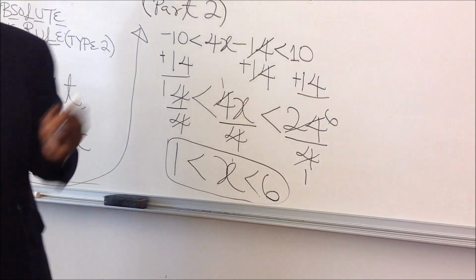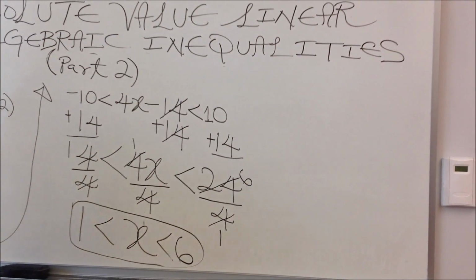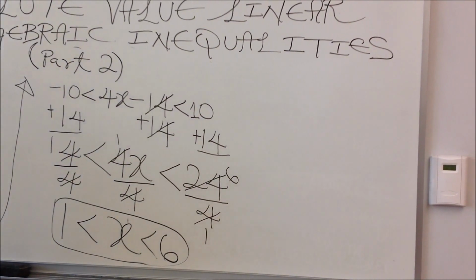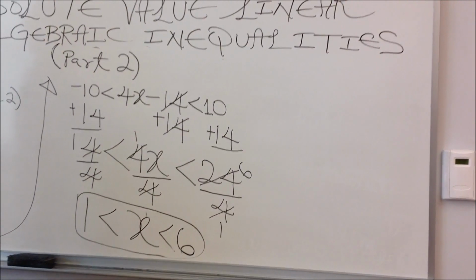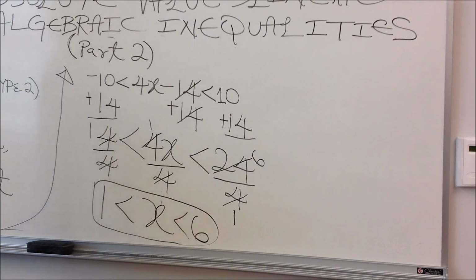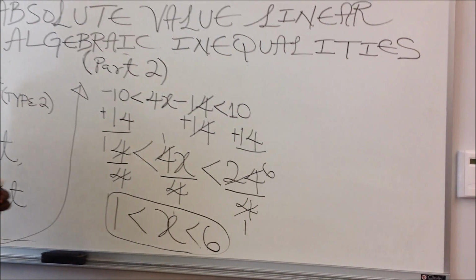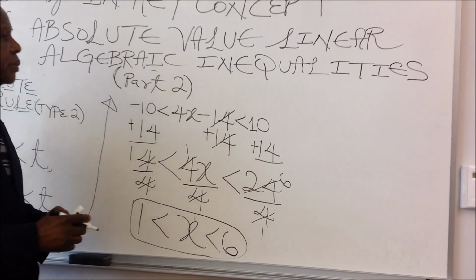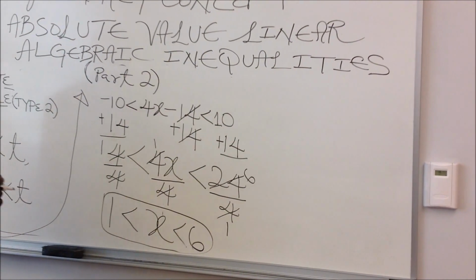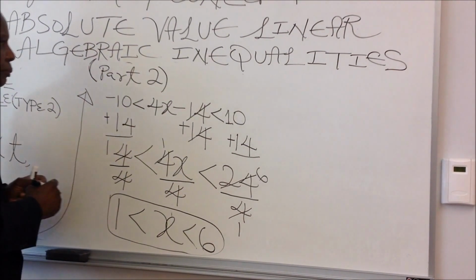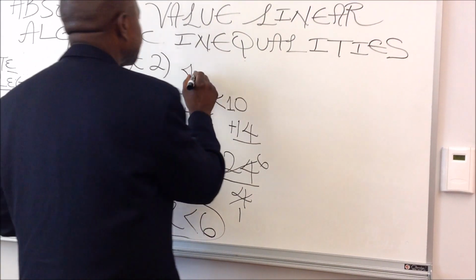So what will be our next step to finish up this problem? Our next step will be to graph the solution on a real number line to obtain what we call the graphical solution to the absolute value inequality problem. So let us do that now.